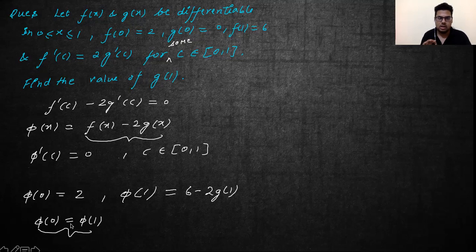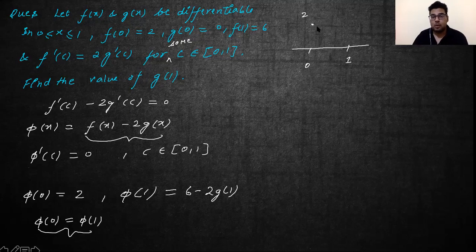Try to understand, is there no other way by which this can happen? To make you understand, I will give a very simple example. Let us say phi of 0 equals 2. Here we have the x-axis, this is 0 and this is 1. Phi of 0 is 2, fine.